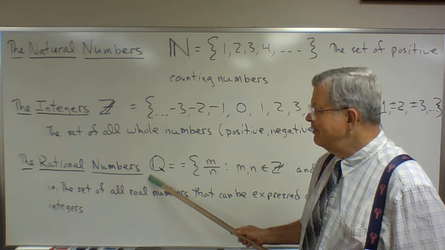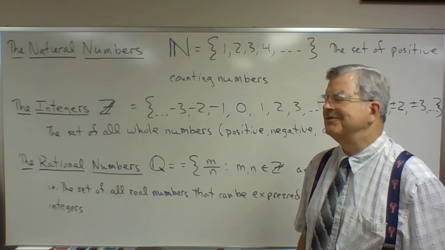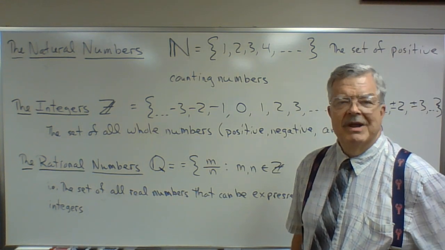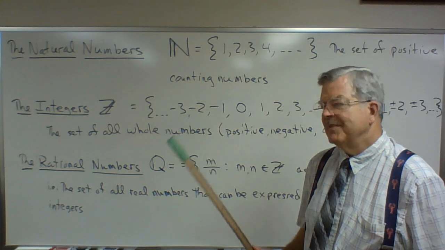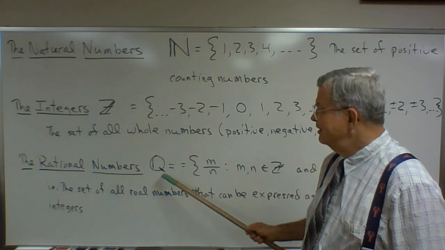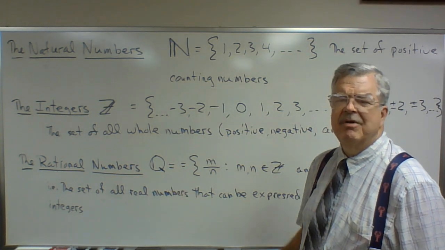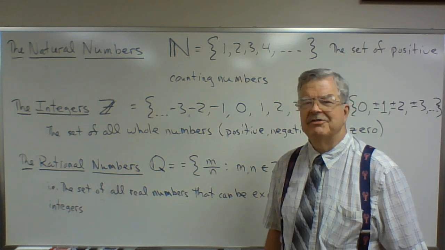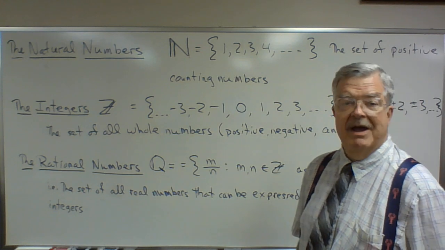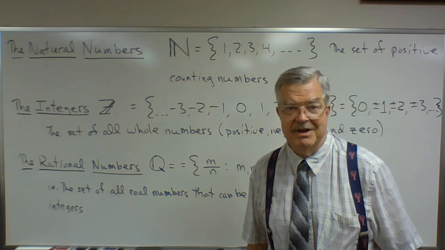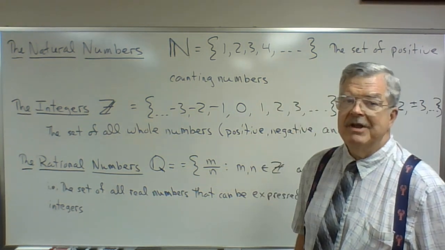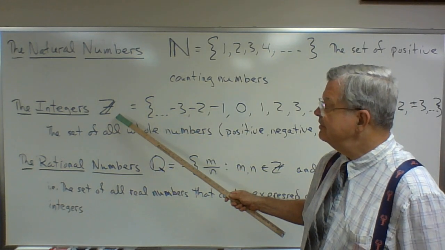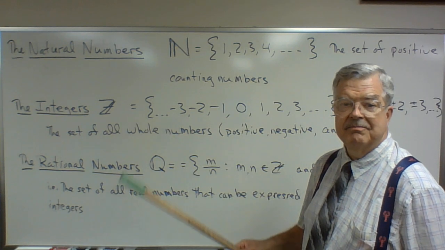I'm defining the rational numbers right now just in case that rare situation comes up when we need to consider rational numbers or properties of rational numbers. But by and large, and when I say by and large, I'm talking about 99.9% of the time, number theory has to do with the study and properties of natural numbers and integers.